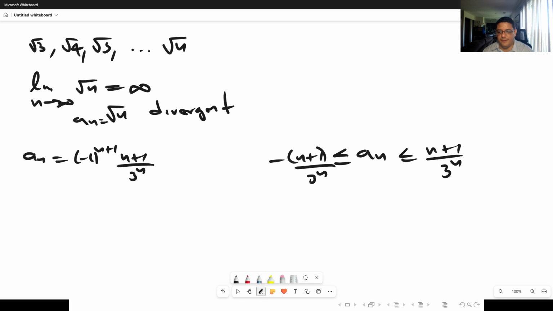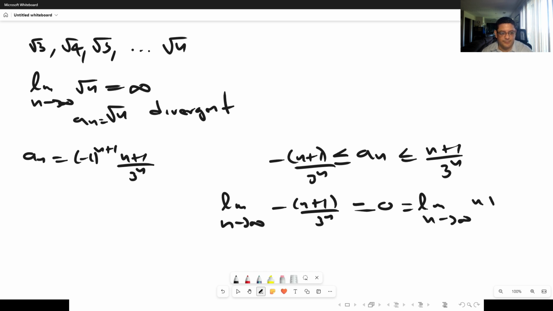So it's kind of difficult to know. But notice that in both cases, if you take the limit when n goes to infinity of minus 1 over 3 to the n, that's going to be equal to 0, which is the same on the other side. Why? Because the bottom, 3 to the n, grows much faster than the top.